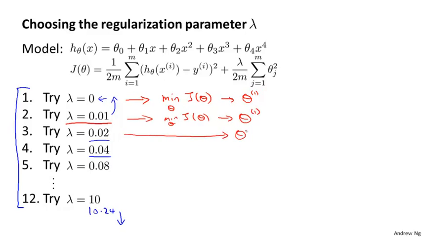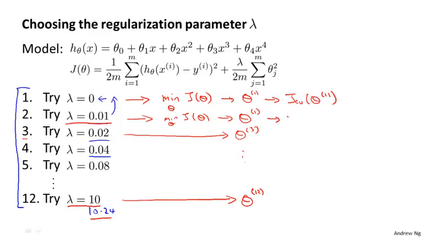And for my third model I end up with theta 3, and so on until for my final model with lambda set to 10, or 10.24, I end up with this theta 12. Next, I can take all of these hypotheses, or all of these parameters, and use my cross-validation set to evaluate them.